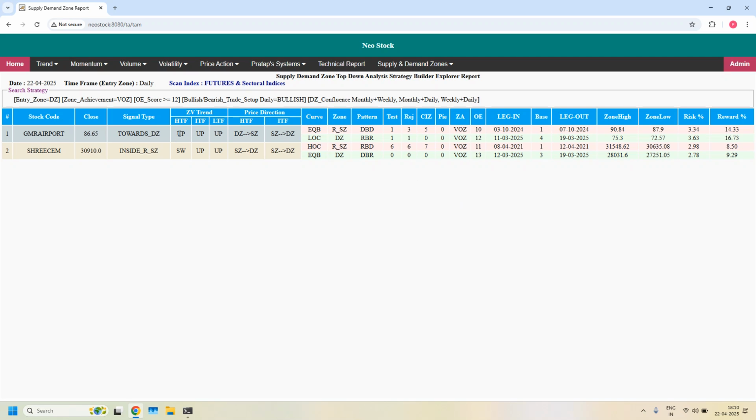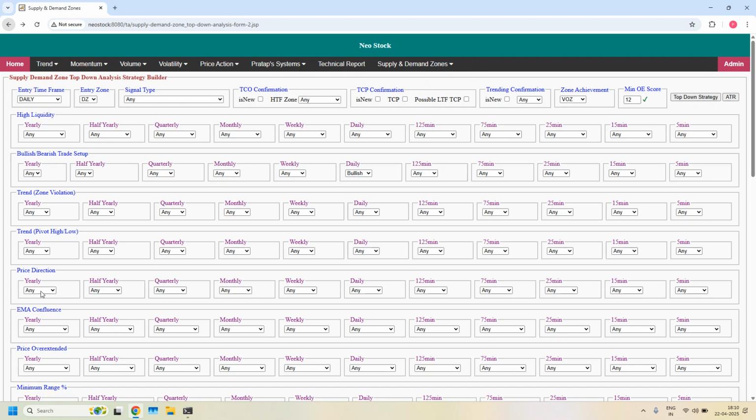But monthly trend is up in only 1 stock. So if this stock is having a monthly demand zone with monthly EMA confluence, then the overlapped daily demand zone inside monthly has a higher probability of success. Let's verify if this has a monthly demand zone with monthly EMA confluence.